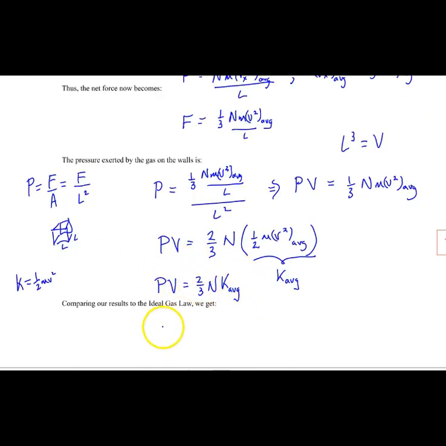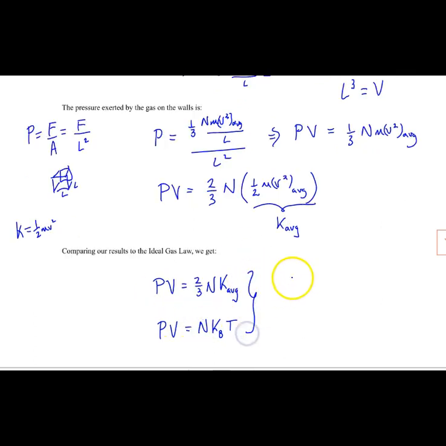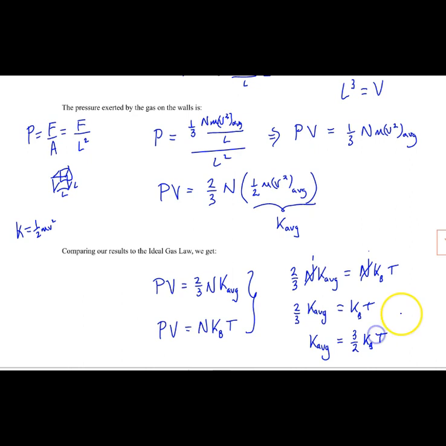So if we compare this expression with the ideal gas law, which is PV equals N times Boltzmann constant times the temperature, we can then say that 2/3 times the number of molecules times the average kinetic energy is equal to N, the total number of molecules, multiplied by Boltzmann constant times the temperature. And so you can see that the N's cancel out. And so 2/3 times the average kinetic energy is equal to Boltzmann constant times temperature. Or, often what you see on your formula sheet is the average kinetic energy is equal to 3/2 times Boltzmann constant times the temperature in Kelvin.